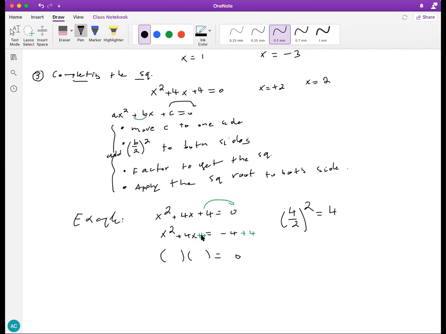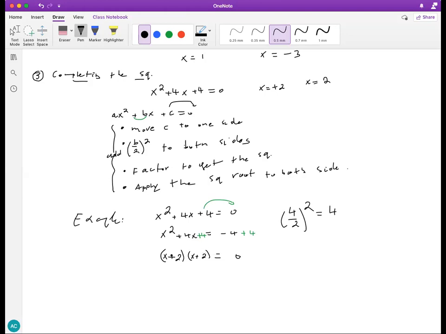Now we need two numbers that multiply to 4 and add up to 4. The numbers are 2 and 2. This whole thing here is just to have something times itself. So factor to get this square.